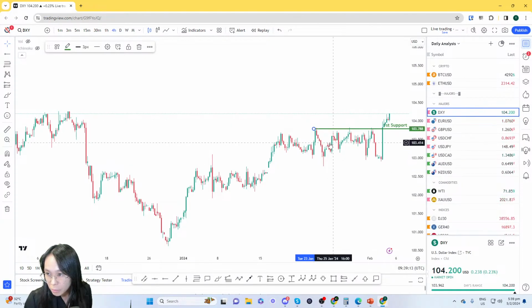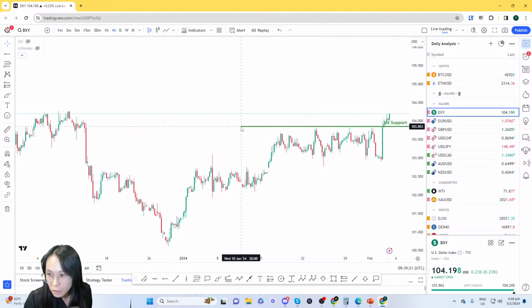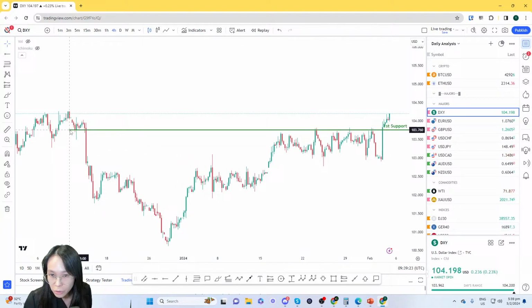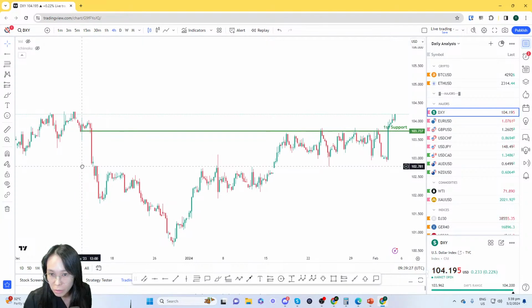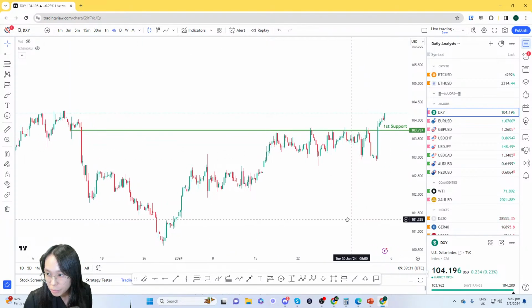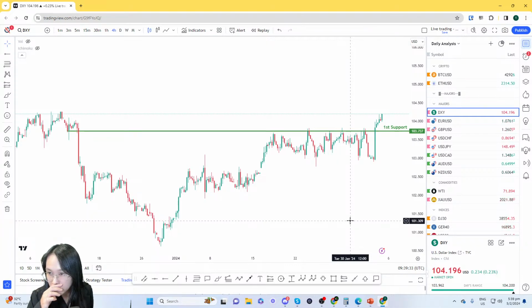This will be my first support. You can see that the price has faced rejections here and it has broken through. I try to pull it back to connect as many wicks as possible, so this is quite a good overlap support level.